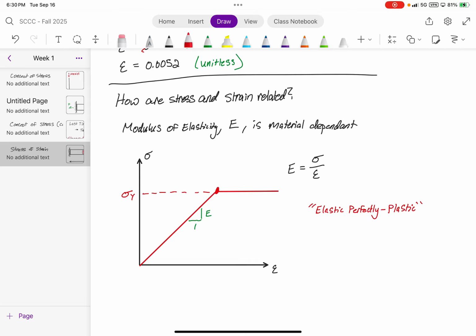So this sigma y is the yield strength of the material, and it's one of the values that we use to design for.